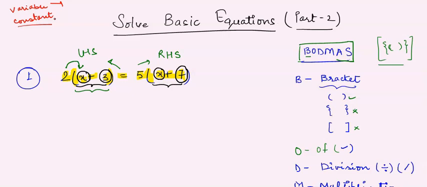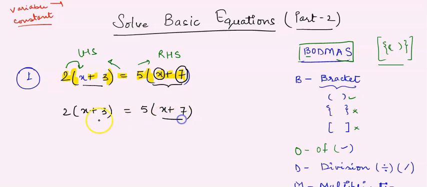So clearly if we look at this, we can see that x plus 3 is not solvable right now. We can't solve these brackets, so we have to write it as it is.